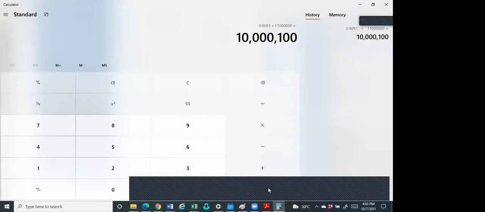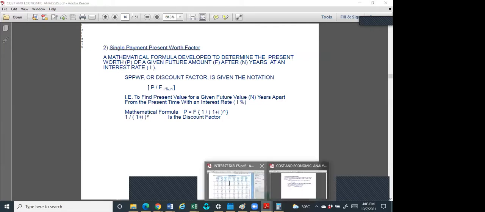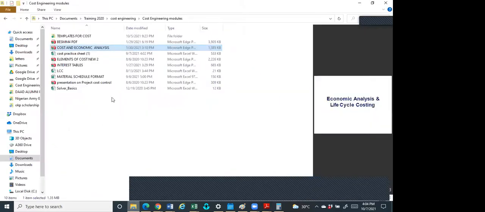So this is 10 million. What it simply means is that if you're looking for the present value, divide the future value by the interest rate plus 1, which in our interest table we got as 0.9091.